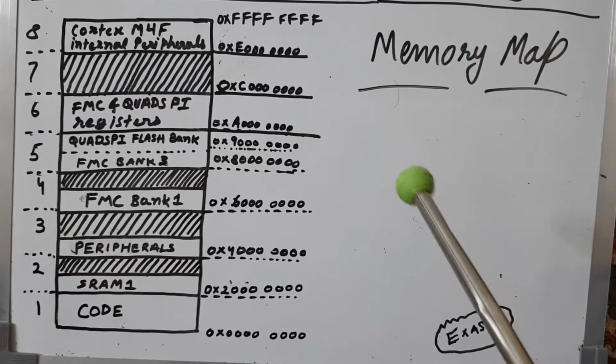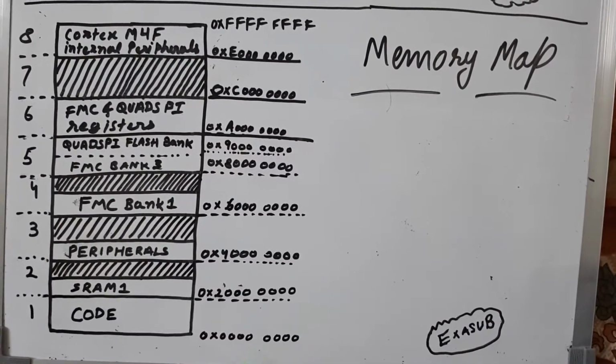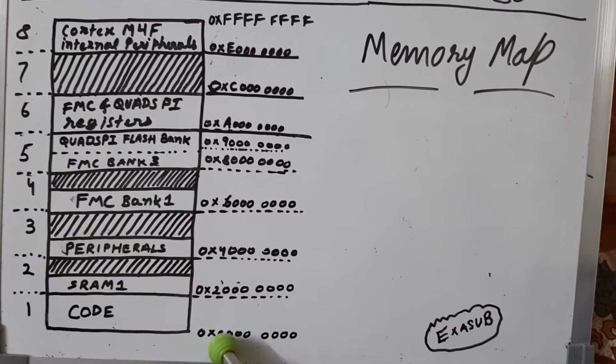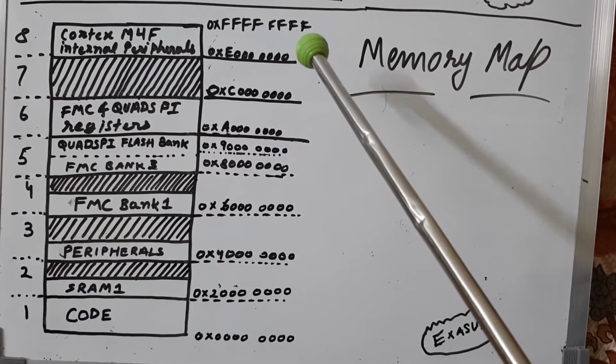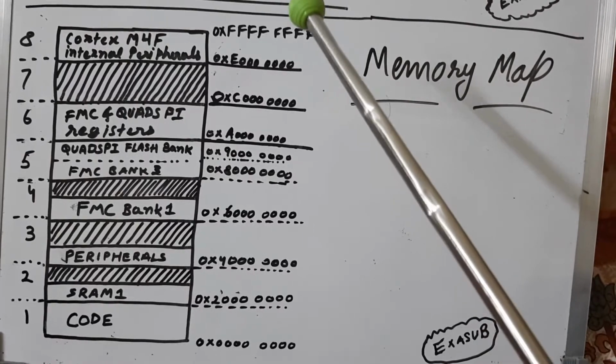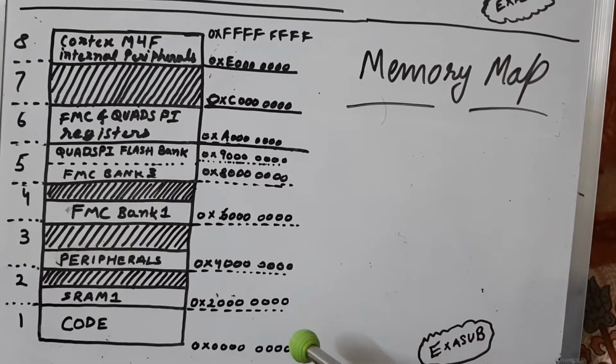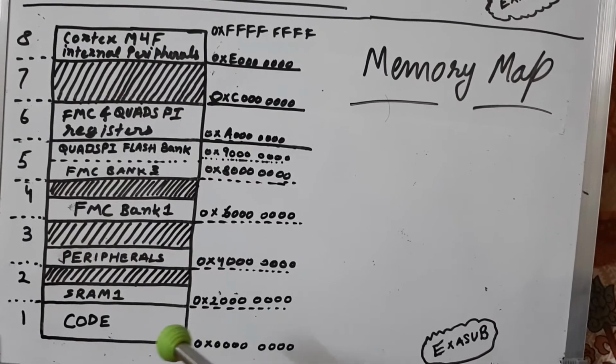This is the memory map for the complete memory. The memory starts at location 0 and goes up to 0xFFFFFFFF. This is how the memory is mapped to different sections.